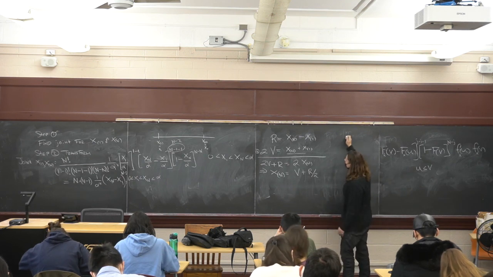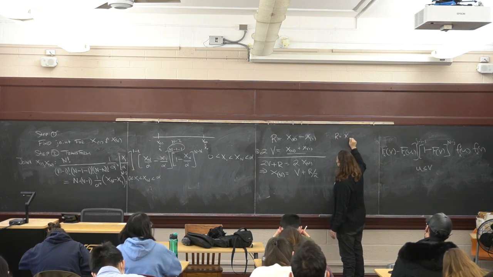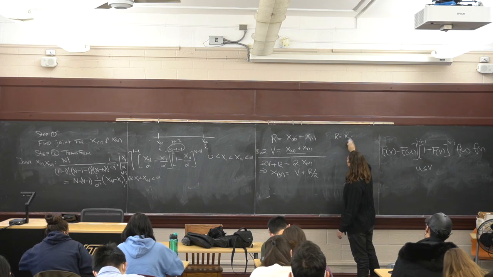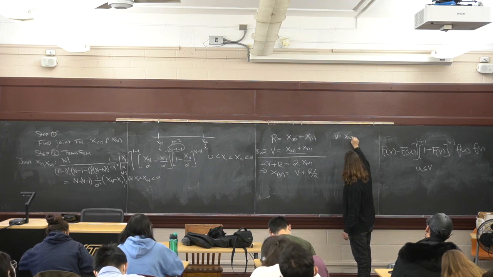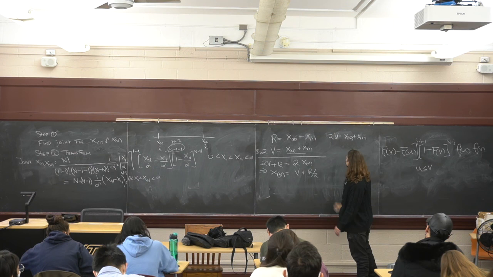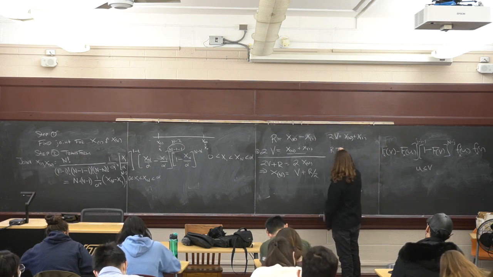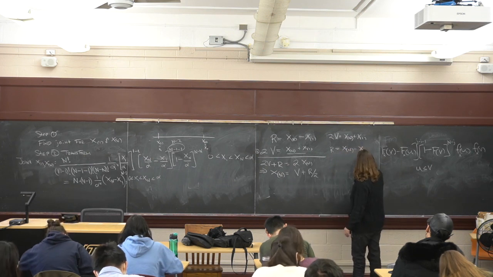We'll do this again. So I'll just say the range is equal to xn. Actually, let me do it this way. xn plus x1. So 2 times the mid-range is that. And the range is equal to xn minus x1.